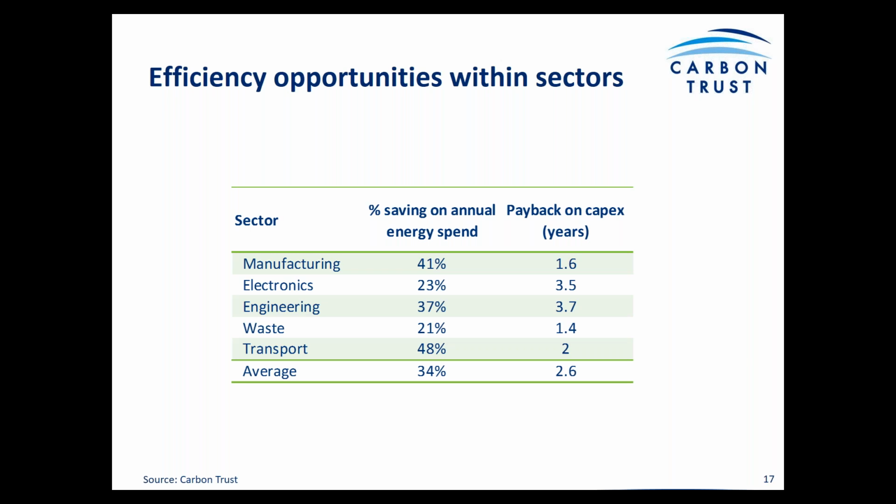And then part of these savings could be passed on along the supply chain, minimizing costs and exposure to energy cost volatilities. We'll see a little later some of the approaches that companies are using to capture these opportunities.